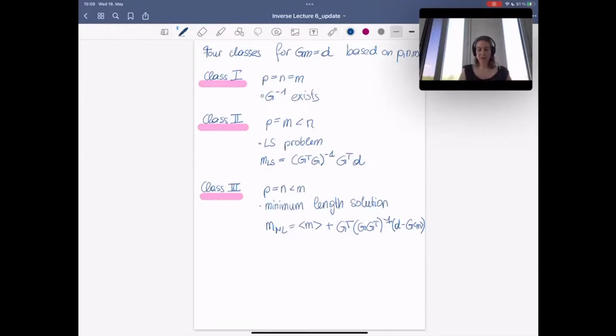There's one class of problems missing, which we term the class 4. What happens if the number of non-zero eigenvalues is lower than the minimum of the two vector sizes? And actually, we don't know any way of obtaining the model parameters yet.